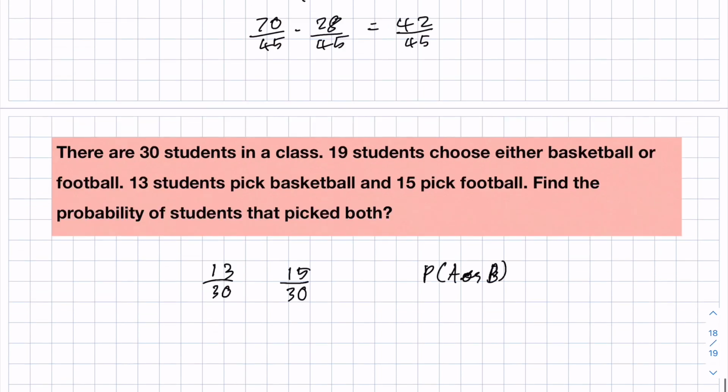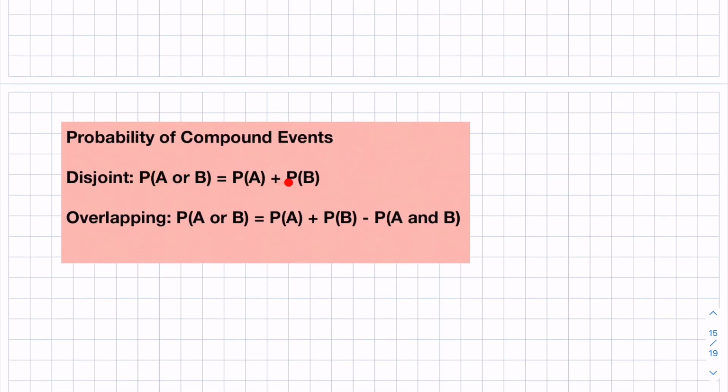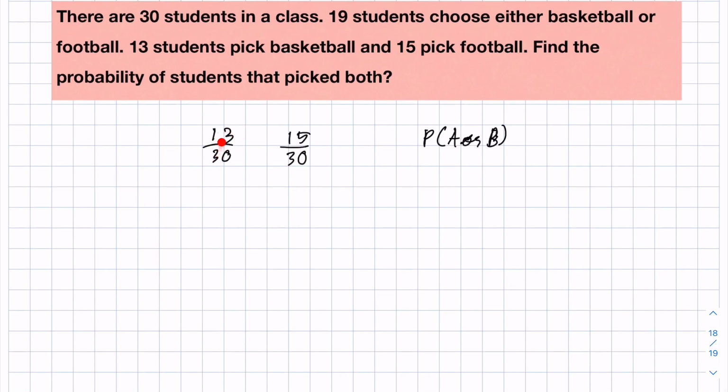If this was disjoint, then probability of A or B is equal to probability of A plus probability of B. So probability of A and B in this situation are 13 over 30 and 15 over 30 respectively. And if I were to add them, it's not equal to the 19 over 30, which is this. So it's not disjoint. We can clearly see there are students that picked both, and that's what we're trying to find.